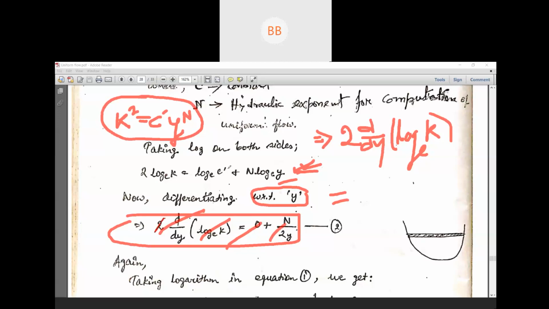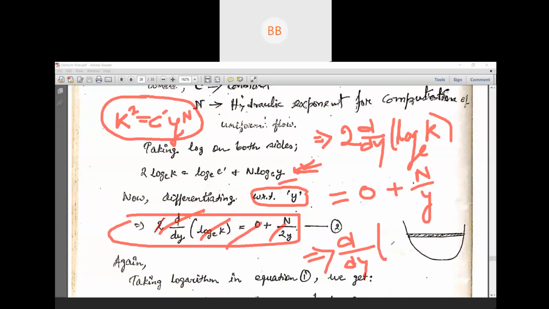If you differentiate log of a constant, it is 0. Then n divided by y. So if you further simplify it, it will be something like that.